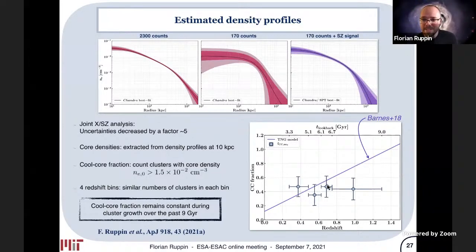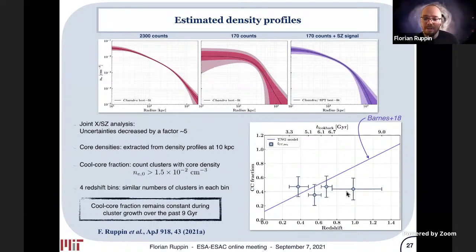So this is consistent. But of course, if we use a different definition, the normalization could be different. It's not really the normalization that we were interested in, but rather the evolution of the cool core fraction with redshift.